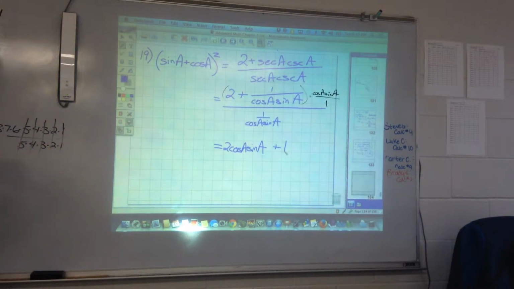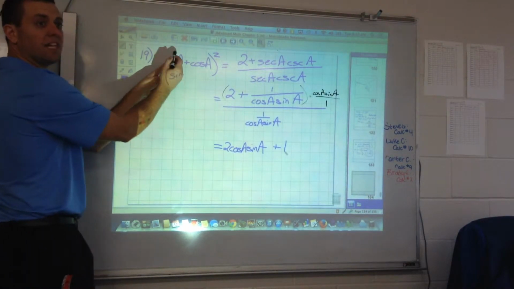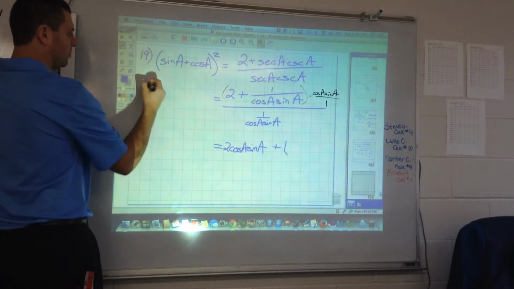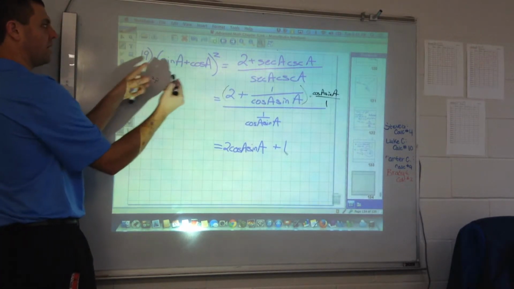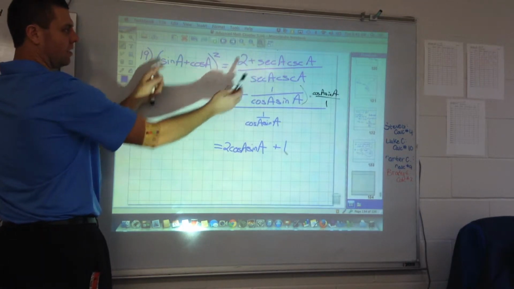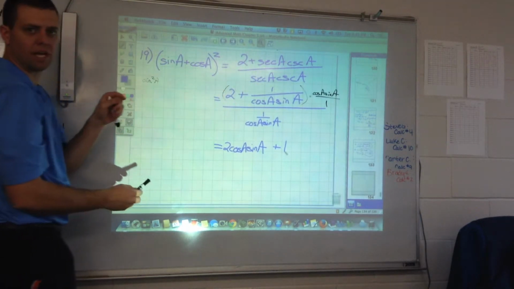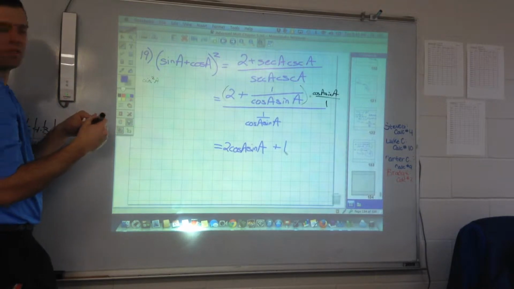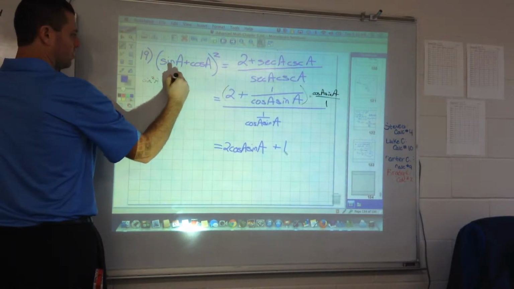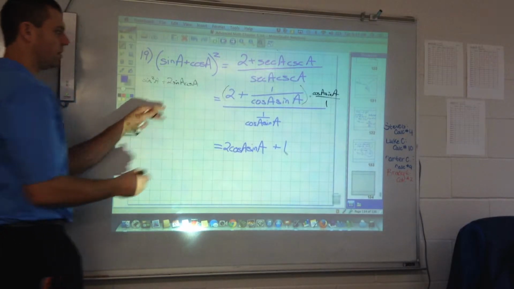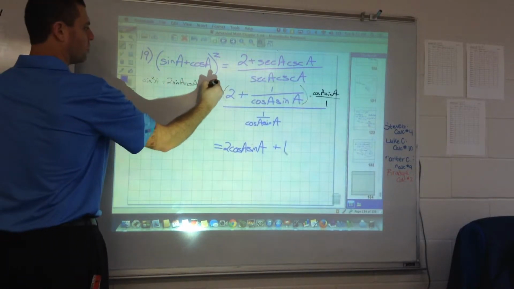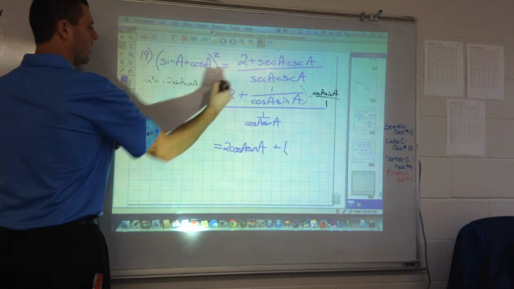Taking sine times sine gives sine squared. Then sine times cosine and another cosine times sine gives 2 sine A cosine A, and then you'd also have cosine squared A.